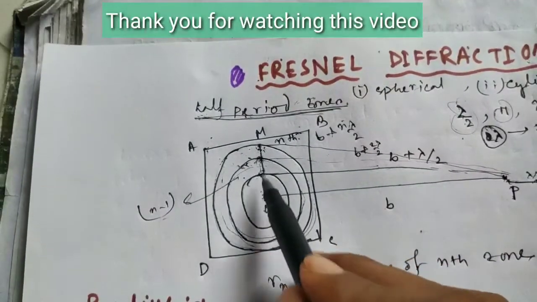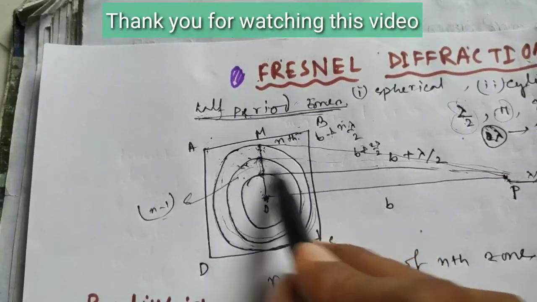Because the distance between two zones is lambda by 2.